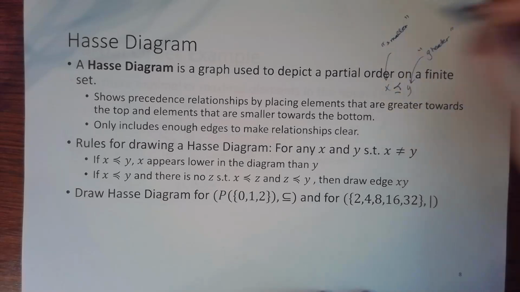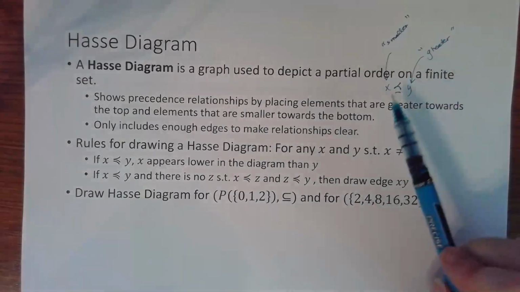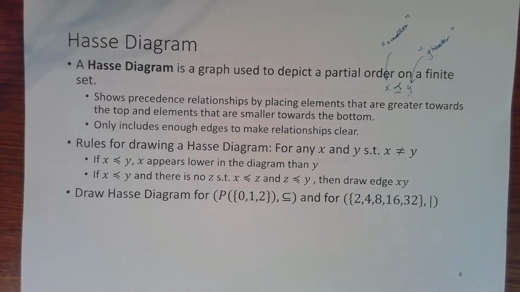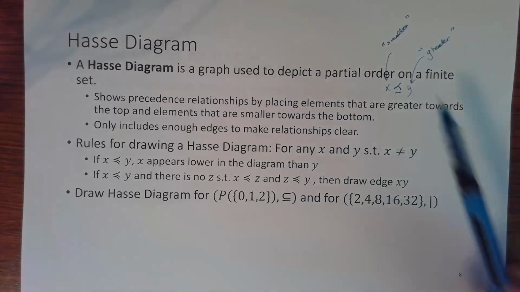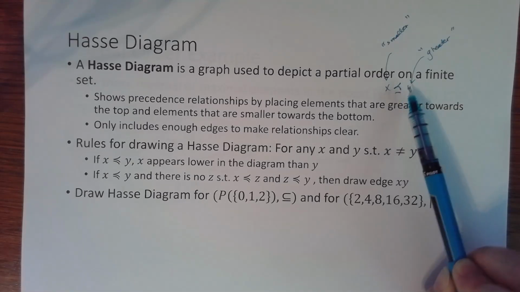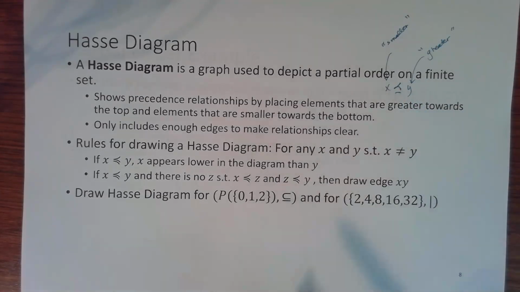That doesn't always mean numerically greater, but we're saying greater in the sense that they're related by a partial order. The one in the position that you would think of as being greater if it was a less than or equal to.